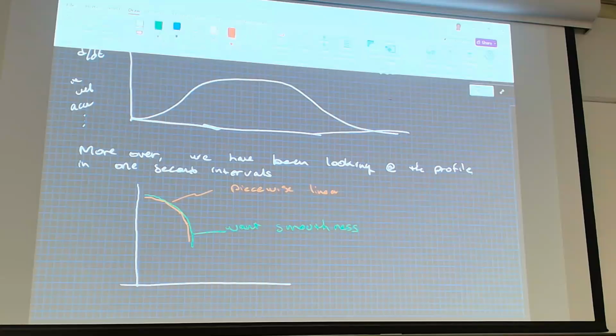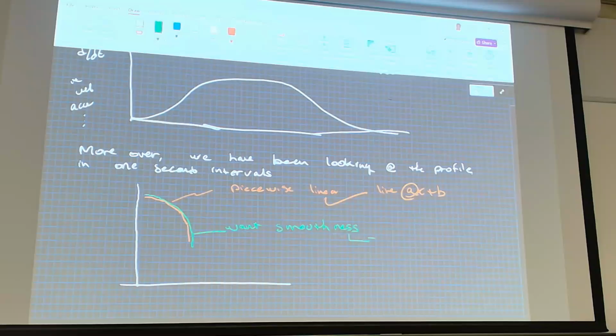Now, piecewise linear is exactly that. It's a line. Right? It's AX plus B, right? There's my linear part right there. A bunch of lines. That's all we mean by a constant or a linear relationship. But what if we want something smooth? How do we get to that smoothness?